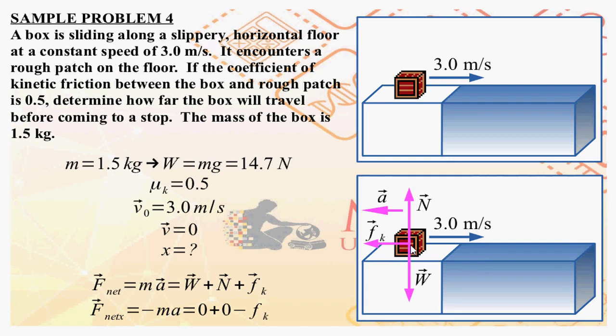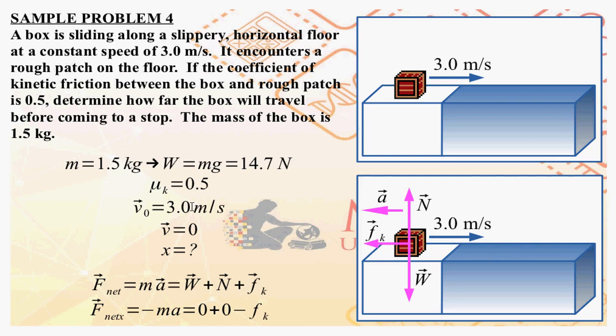The floor will produce a normal force in reaction to the box pressing into it. So you have weight downward, normal force upward. The box is going to slide to the right. Kinetic friction will oppose that, so kinetic friction will be heading to the left.